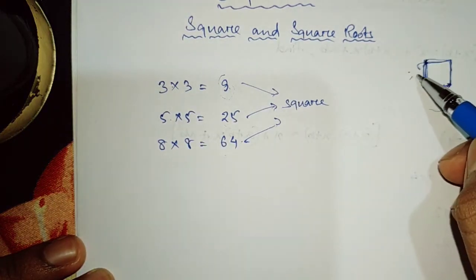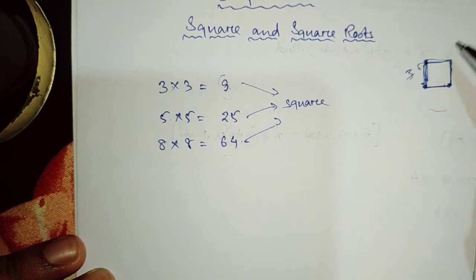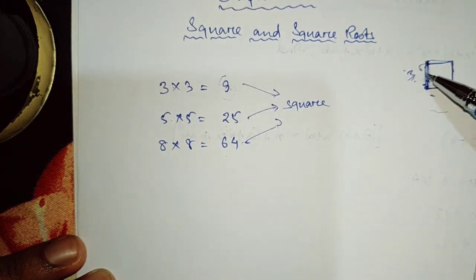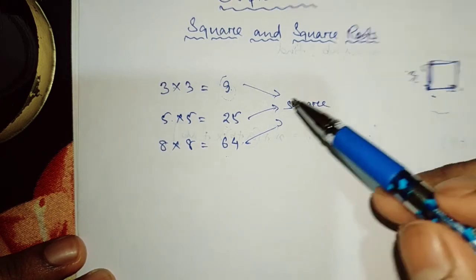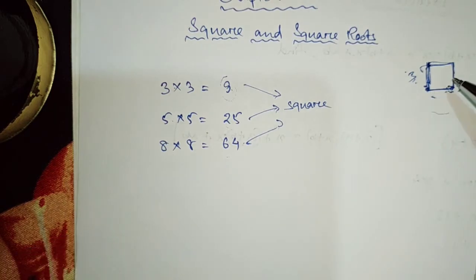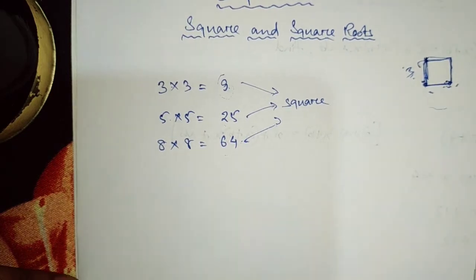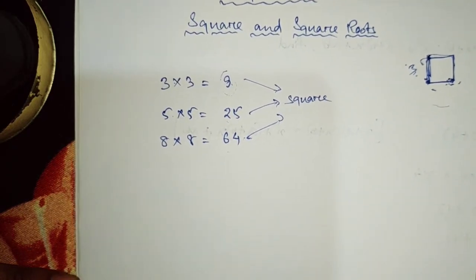What will be the area of that square? Area will be side into side, 3 into 3, 9. If the side would have been 5 centimeter, 5 into 5, the area would have been 25 centimeter square. So that is how square in geometry and algebra are quite similar.